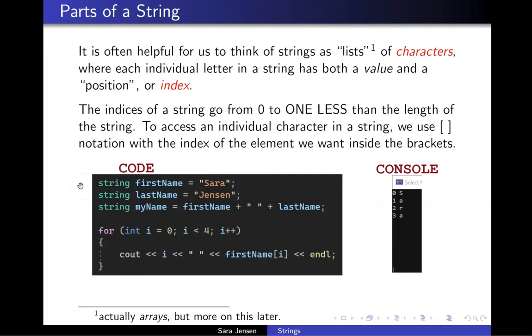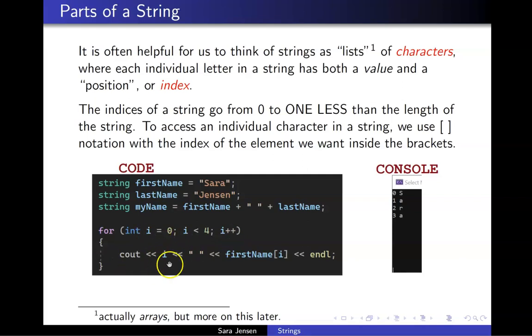Continuing with the example from before, let's create two string variables, one named first name and one named last name. Let's then use a loop to walk through the letters of the first name string variable one at a time, displaying both their index i and the character value in that position. Now the index of the character is being referenced with our looping variable, this integer i.